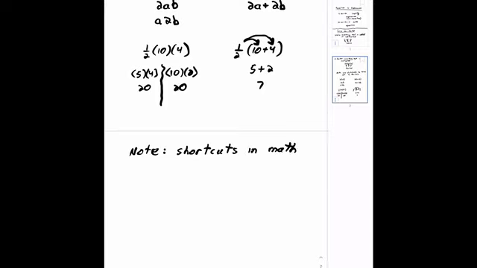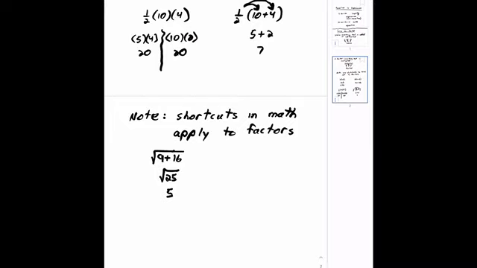Okay, so for instance, let's take the square root of 9 plus 16. Now, technically what you should do is add the 9 plus the 16, get the square root of 25, and then take the square root of 25, which is 5. Okay, fine.